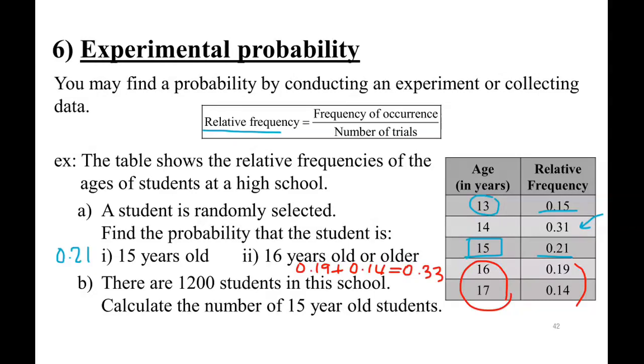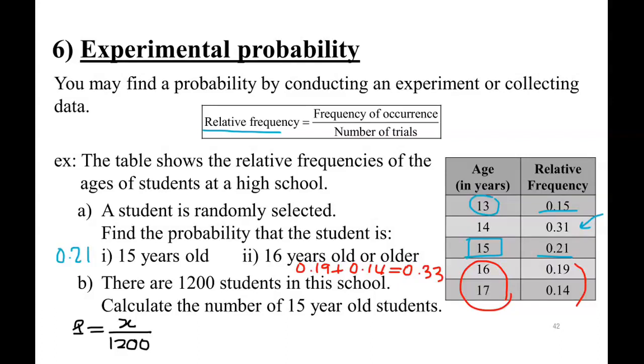And finally, they're saying that in total we have 1,200 students in the school. We need to calculate the number of 15-year-old students. Now we know that the probability or the relative frequency of having a 15-year-old student is basically the frequency of occurrence, which is the number of students aged 15 years old divided by the total number of students in the class.